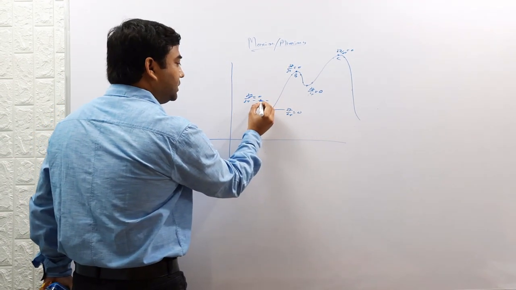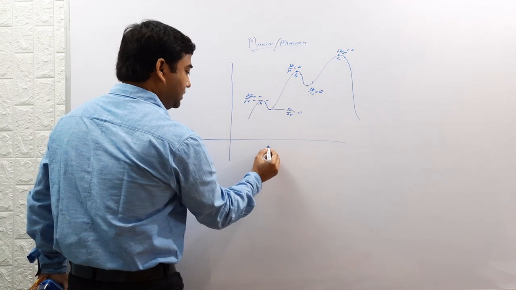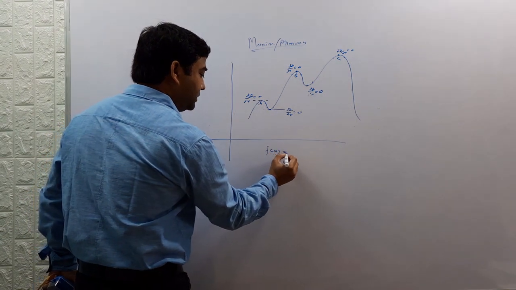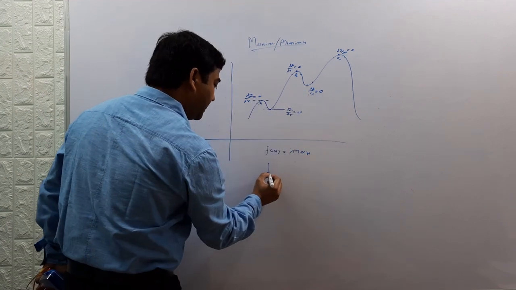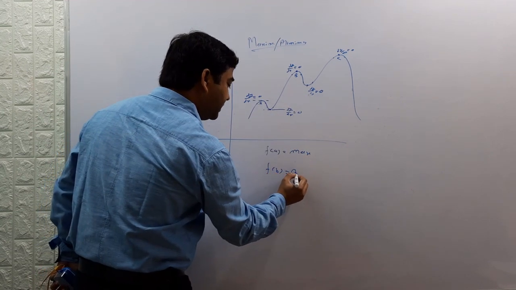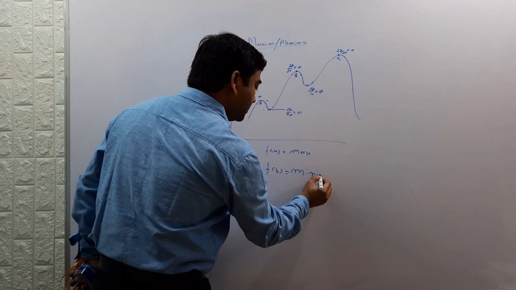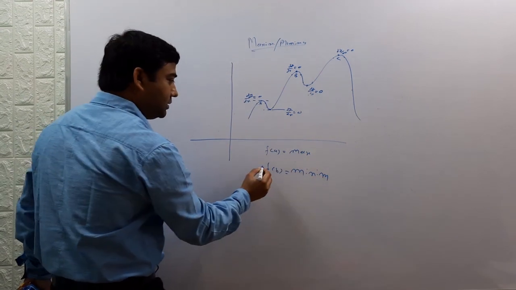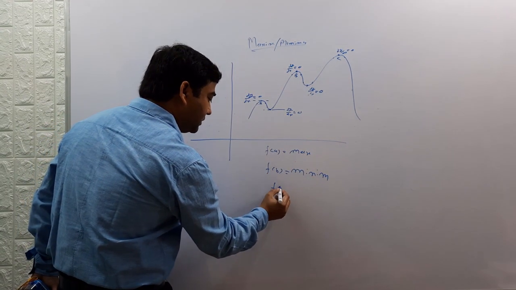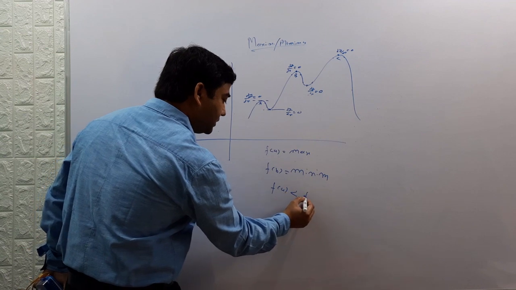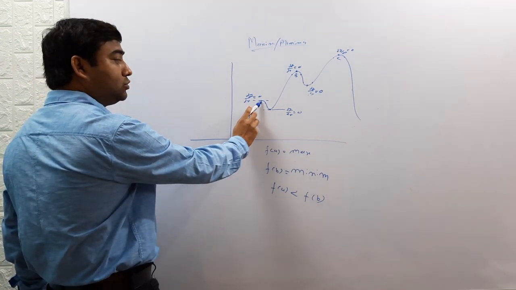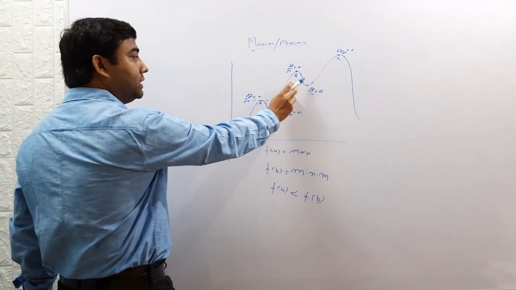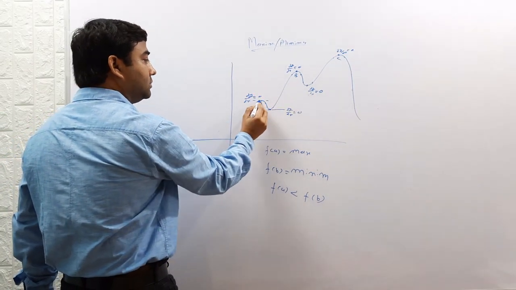At this point, fa is maximum. fb is minimum. But still, fa is less than fb. The actual value of the maxima is less than the actual value of the minima.